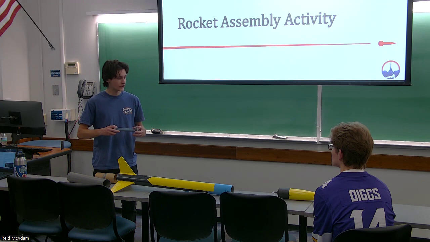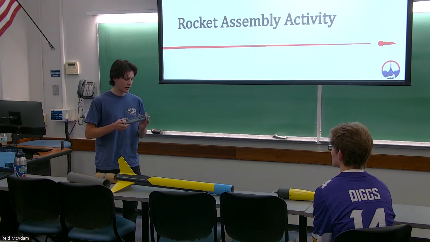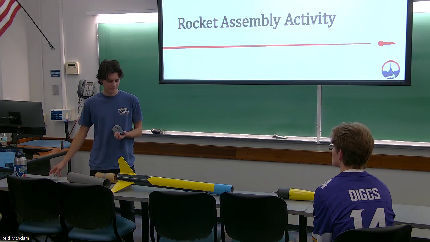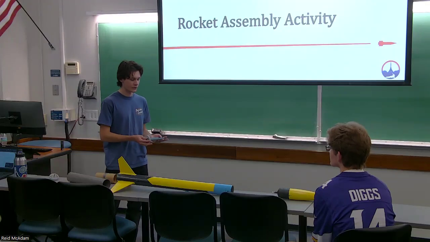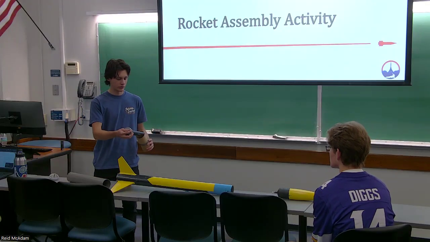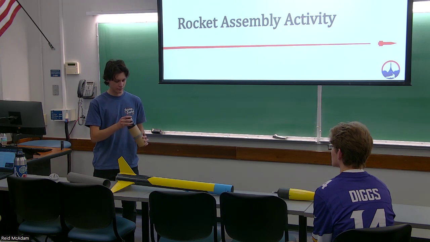Of course, you want the ejection charges close to the altimeter so that you don't have to wire a bunch of stuff, but setting off explosives next to your electronics is not a good idea. So you have these bulkheads to protect the av bay. This goes in like this.